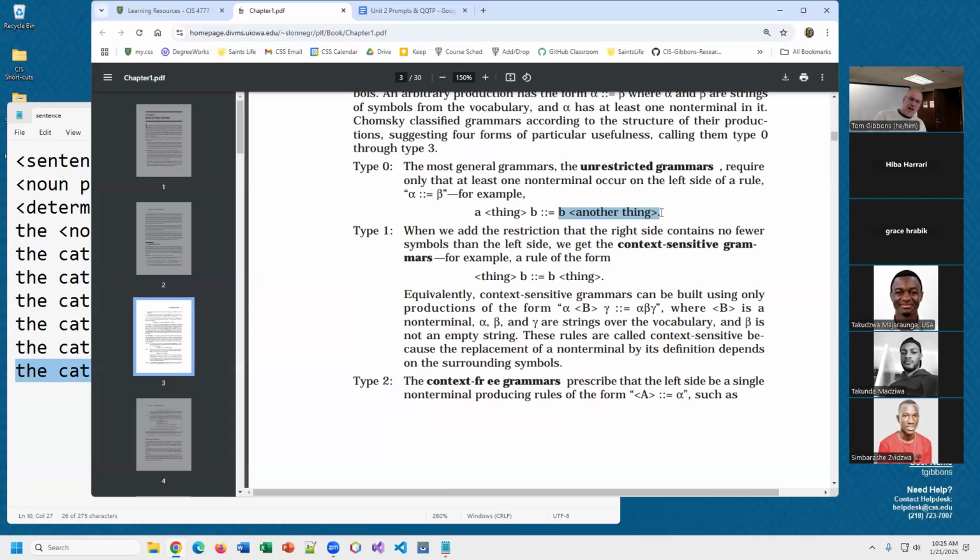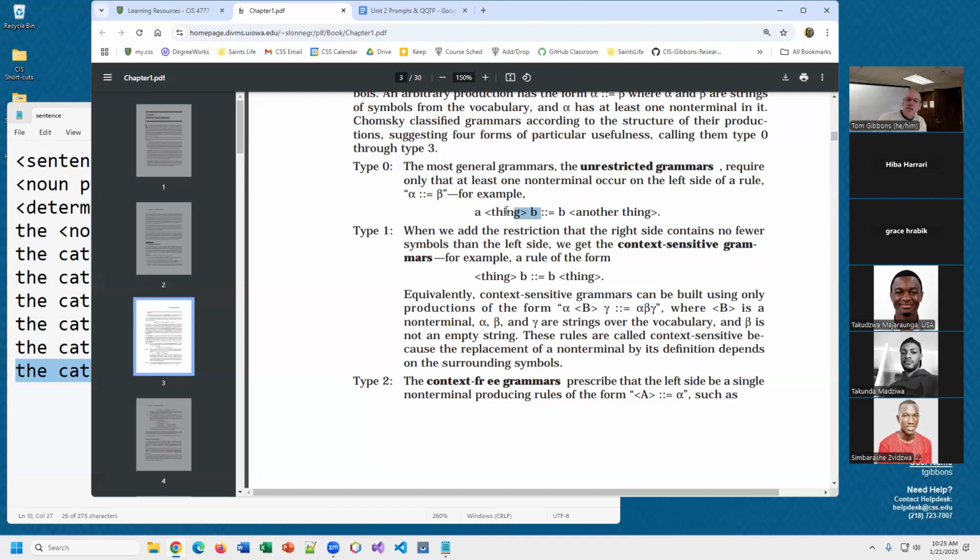You can often have anything on the right side, but this says you can also have anything on the left side. You don't have to have a single symbol. So you can start with a terminal, a non-terminal, another terminal, assigned to a terminal, non-terminal, and another terminal, something like that.